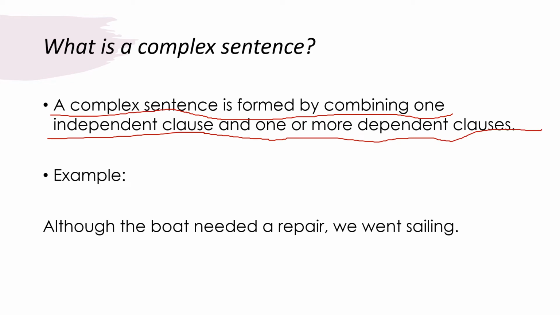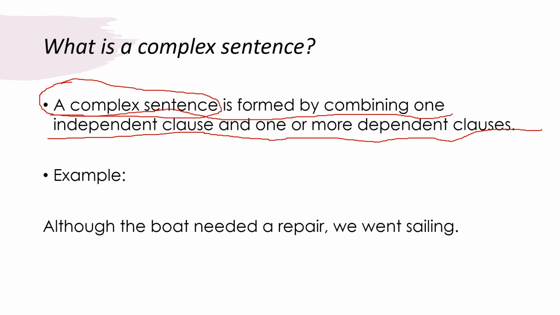So, when I put the independent clause, the complete thought, with one or more dependent clauses or non-complete thoughts, when I put them together, now we have something that is called a complex sentence. So if I ask you what is a complex sentence, it is when you have one independent clause together with one or more dependent clauses in the same sentence.